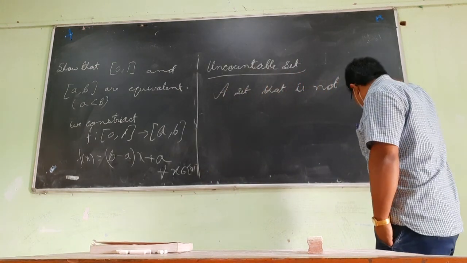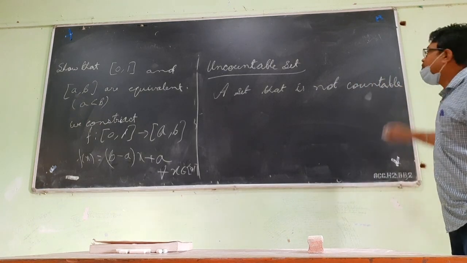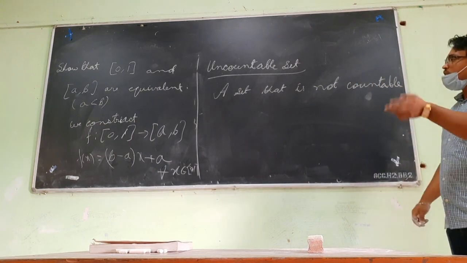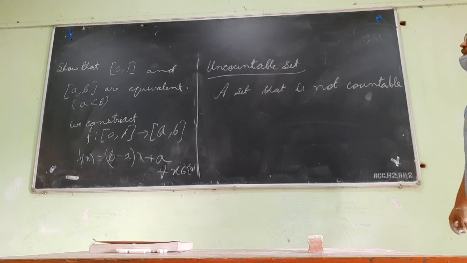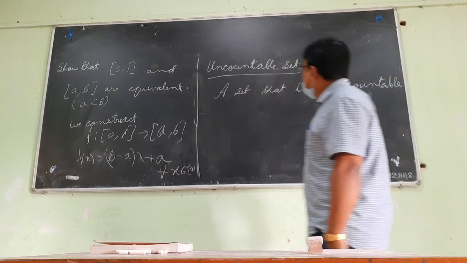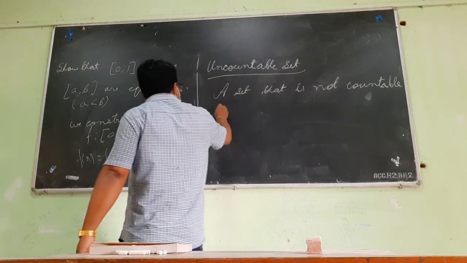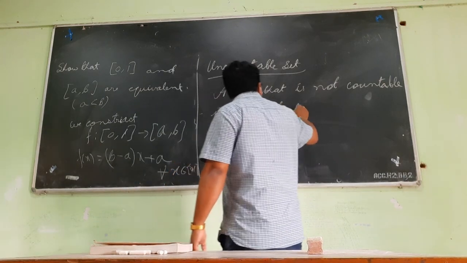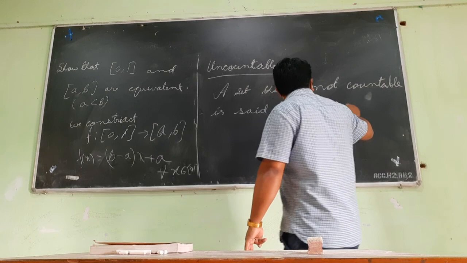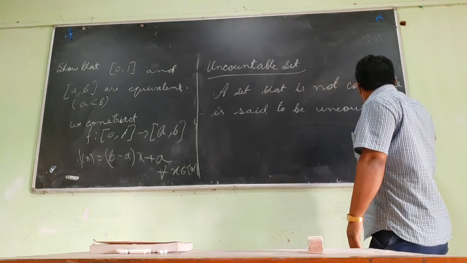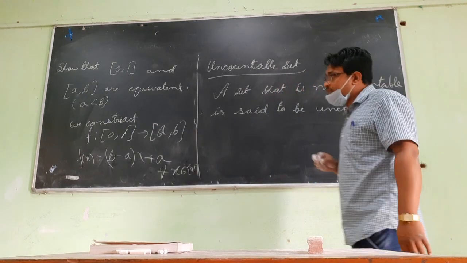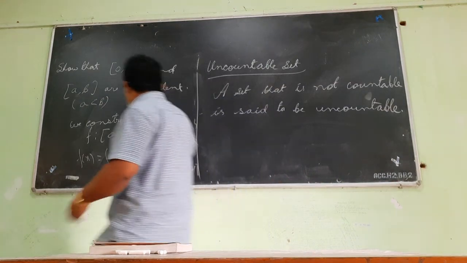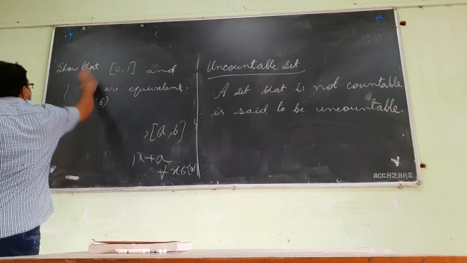That means we cannot construct a 1-1 map from the set to the set of natural numbers. Then it becomes an uncountable set. A set that is not countable is said to be uncountable. Uncountable means there are many more elements than the set of natural numbers.